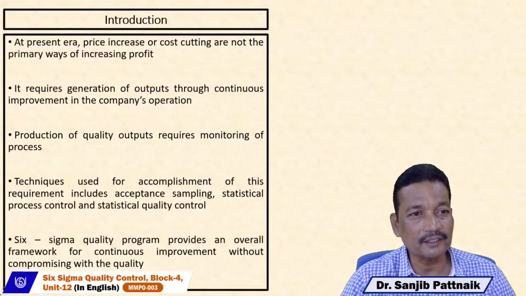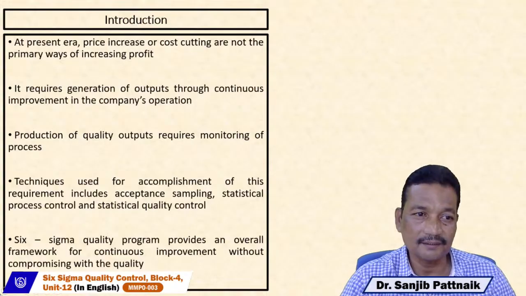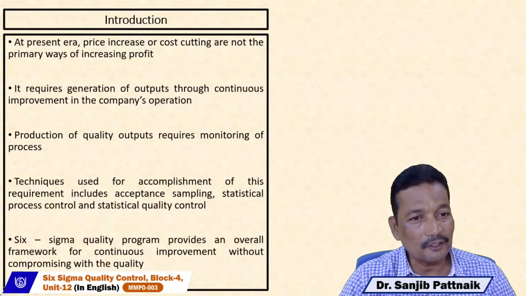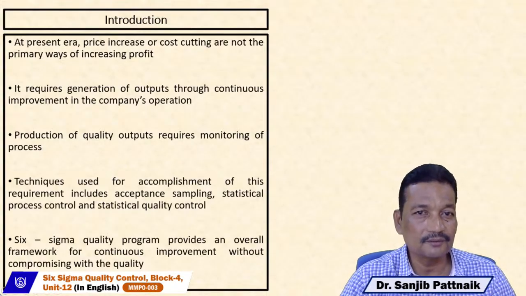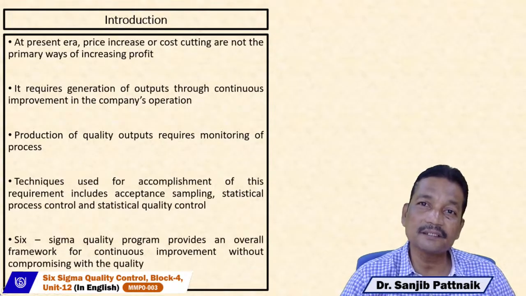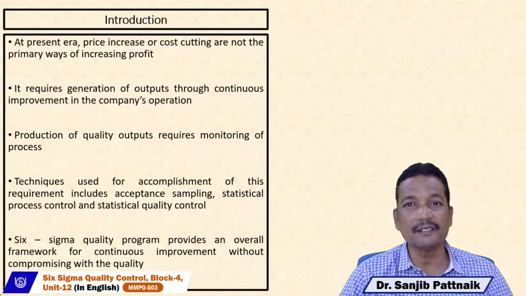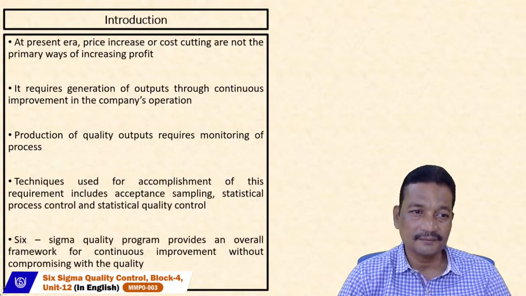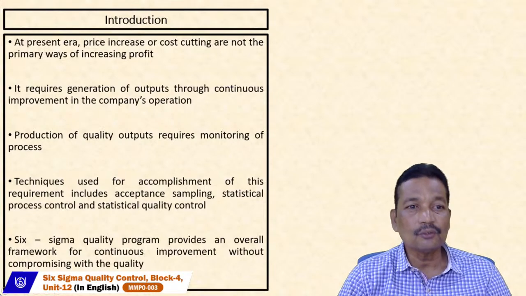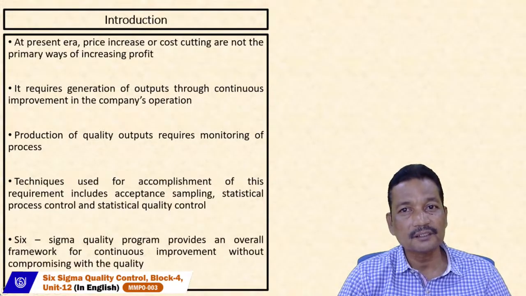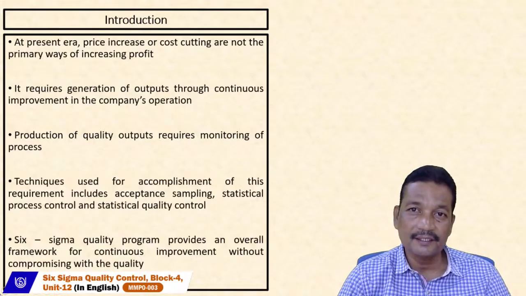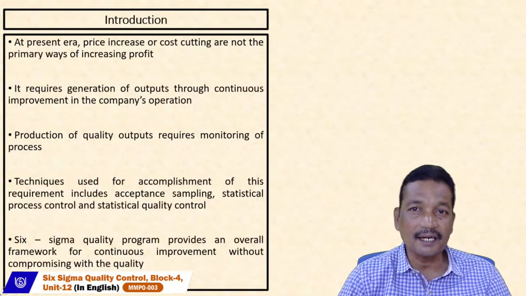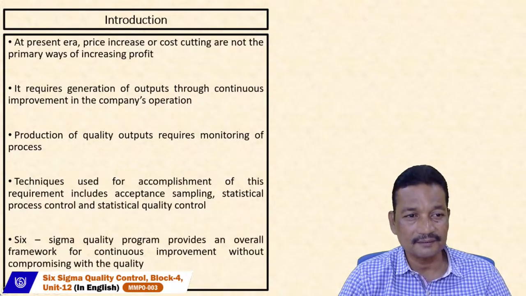That means we are talking of quality. The production of quality outputs cannot be achieved just by saying so. We have to go through the process. So quality outputs have to be monitored and checked, to see whether they are adhering to the set standards or qualities.